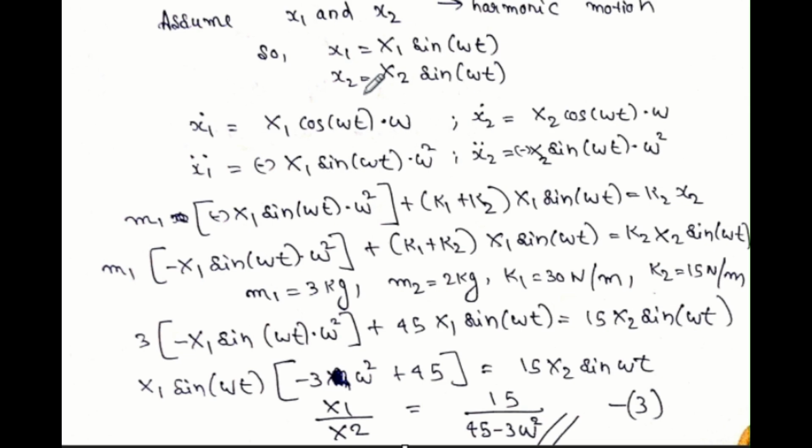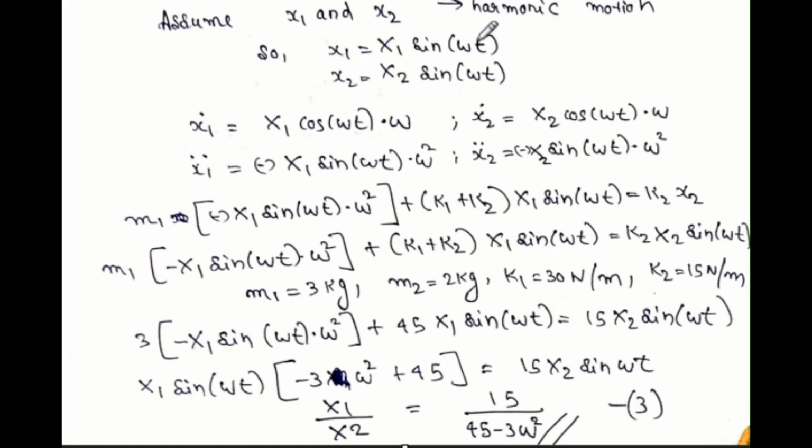So x1 and x2 are the respective displacements of both the bodies m1 and m2. The displacement can be explained in terms of harmonic motion as capital X1 sin omega t and capital X2 sin omega t. You don't need to worry about it, just learn it that way. Capital X1 and capital X2 are the amplitudes of the respective displacements. Since the displacement is a harmonic motion, obviously there will be an amplitude, that would be capital X1 for x1 and capital X2 for x2.